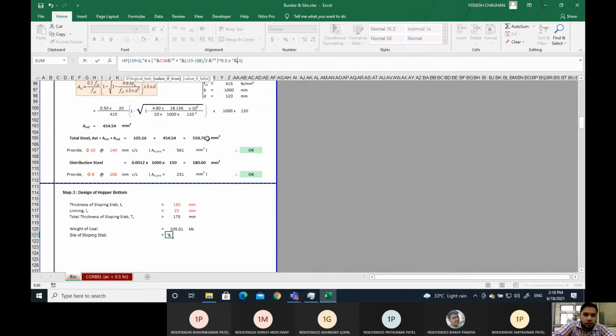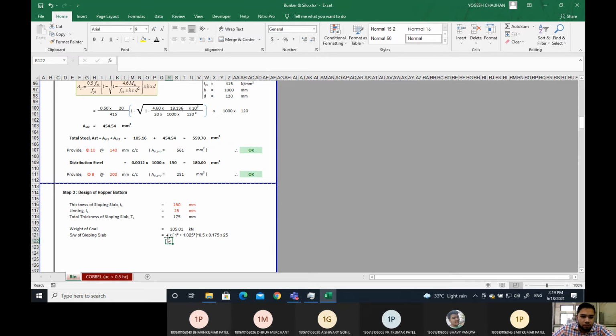And this divide by 1000 because it is to be converted into meter, again, and multiply it with a density that is 25. So now this is the complete formula. 4 times 1 square plus 1.025 square raised to the power 0.5 into 1.175 into 25. Now this is for the first case.